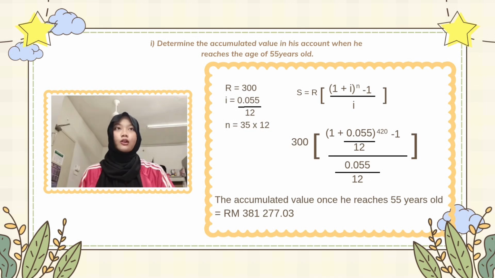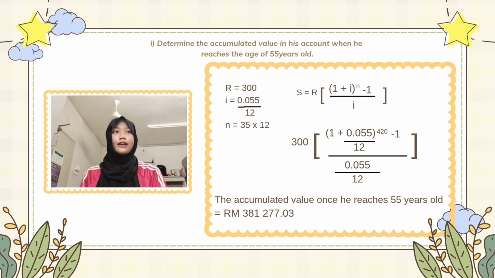So here we are going to find the accumulated value in his account once he reaches 55 years old. And we are going to use the formula S equals R in bracket, in bracket again 1 plus i in bracket to the power of n minus 1, divided by i.